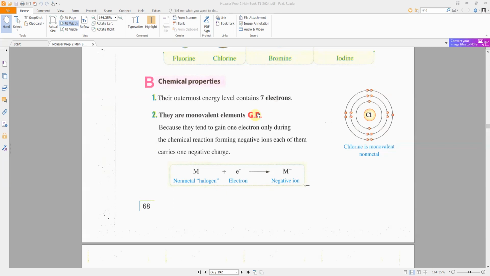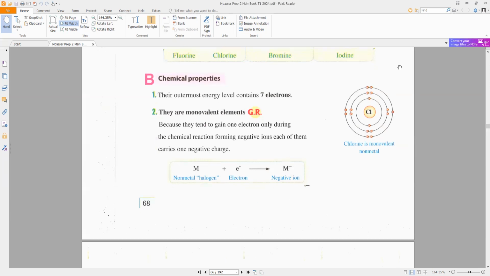But the halogen tends to gain 1 electron and changes to a negative ion carrying 1 negative charge. So the alkali metal has 1 electron in the outermost, so it's called monovalent, and also the halogen is monovalent, because it tends to gain 1 electron during chemical reaction and carries 1 negative charge.